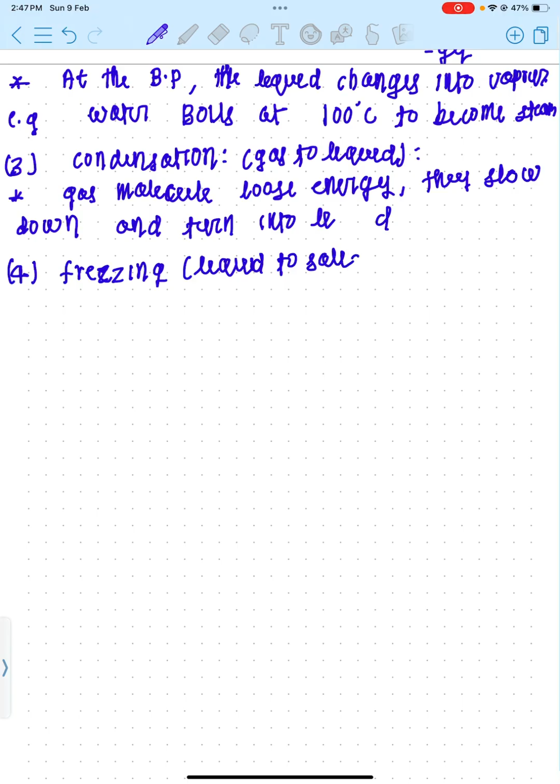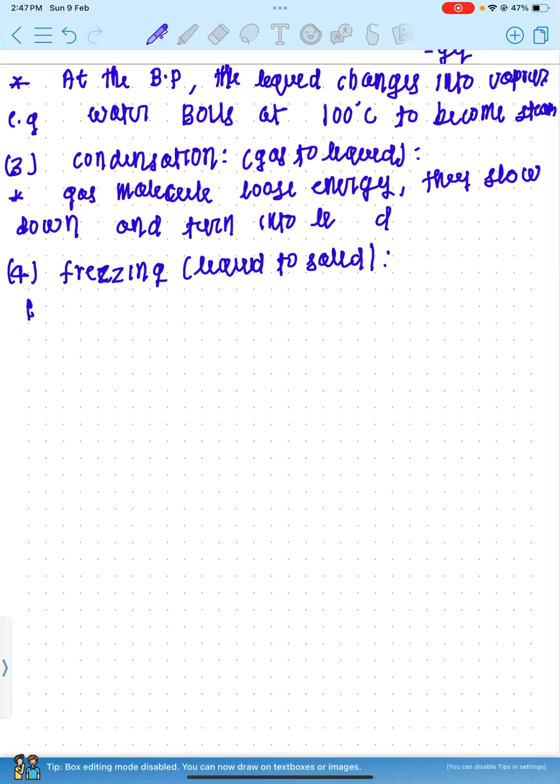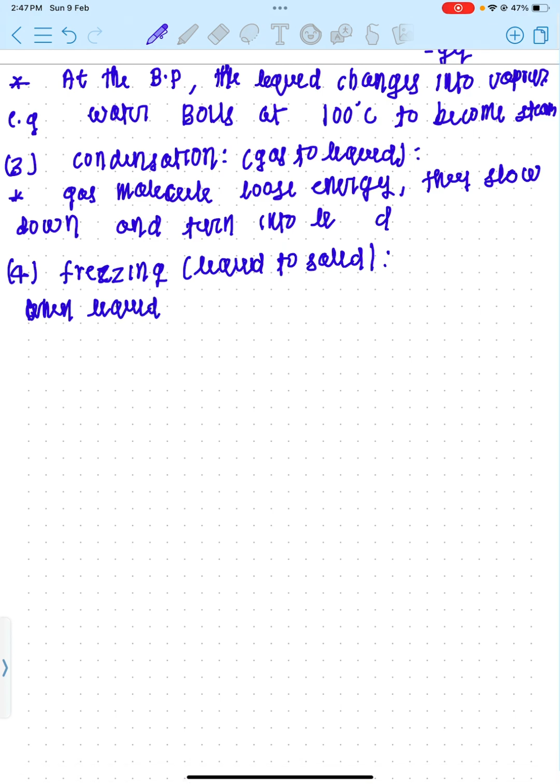When liquid is cooled, its molecules lose energy and come closer together to form a solid, right?